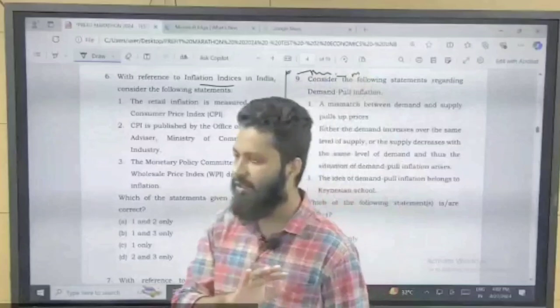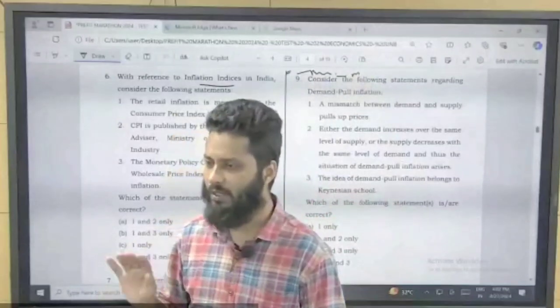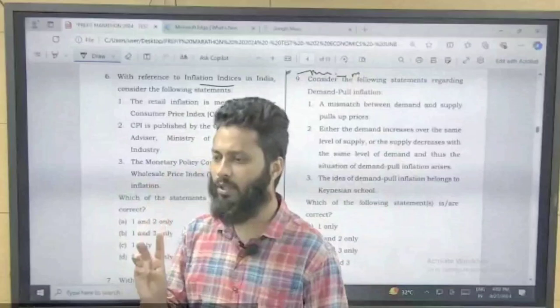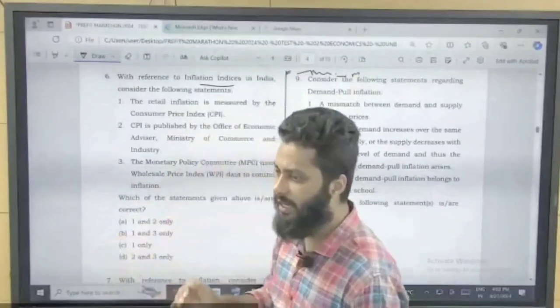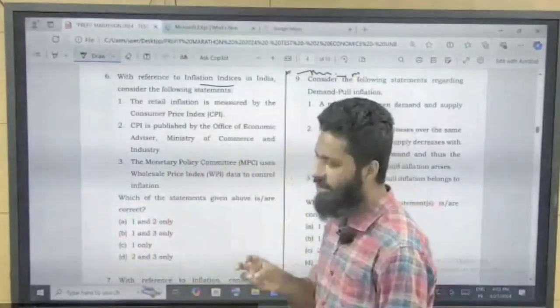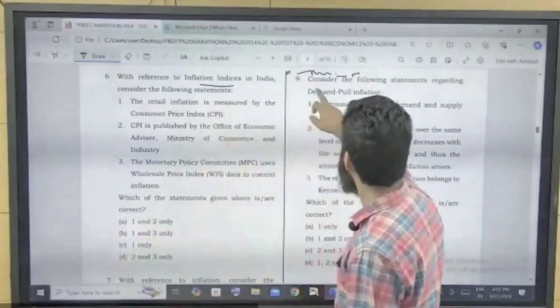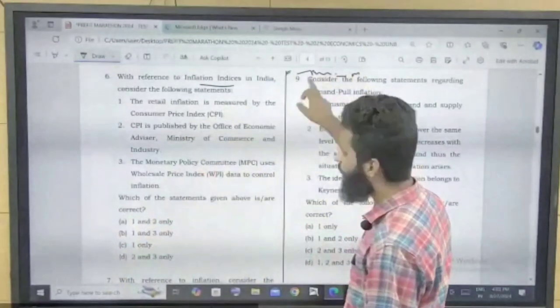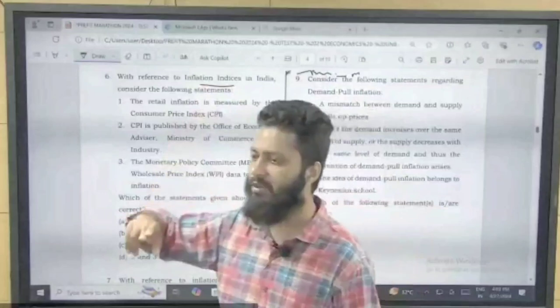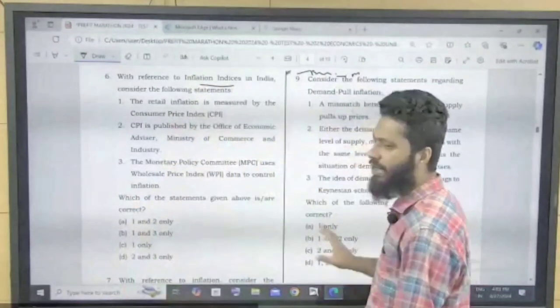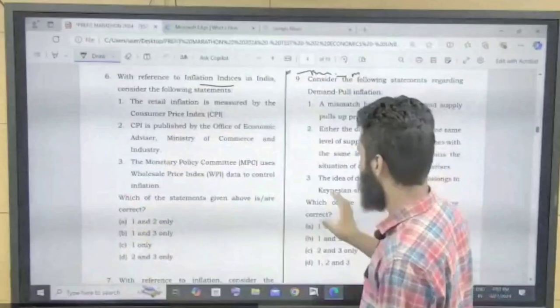So WPI doesn't talk about the services. It talks about commodities, and they are categorized into three categories. Number one, food products. Number two, power and fuel, and number three, manufactured goods. So WPI talks about these three categorizations of all the commodities.